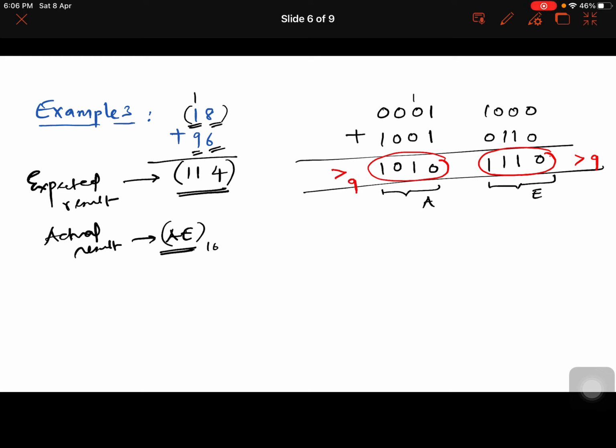So you know that when D0 to D3 is greater than 9, you add 6 with D0 to D3. Also when D4 to D7 is greater than 9, you have to add 6 with D4 to D7 as well. Let me write my result again. So my result was 1010 and 1110. I need to add 6 here also and 6 here also according to my algorithm, right?